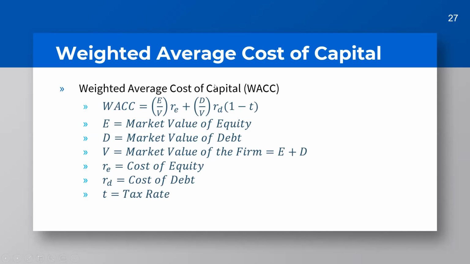Dr. Jensen, the market value of debt, is that including short-term debt too? Yes, all outstanding debt on the company. And actually, good point and important caveat here. Technically, we should be using the market value of debt. In actuality, that rarely happens, and often what people substitute in is the book value of debt. And this is exactly what you're going to see in your base Capital IQ model.